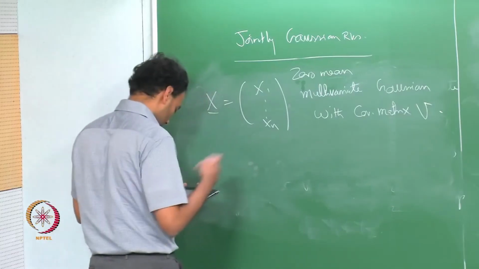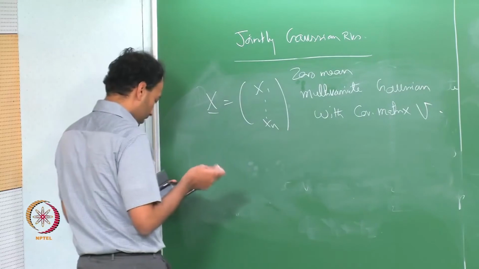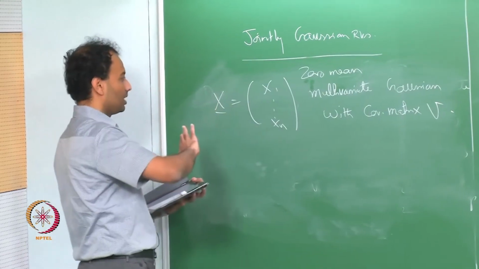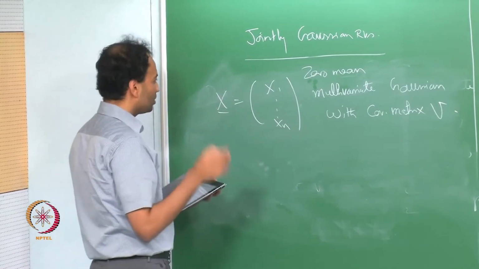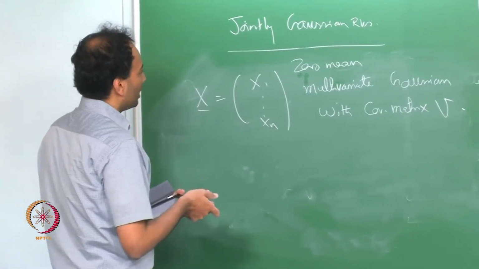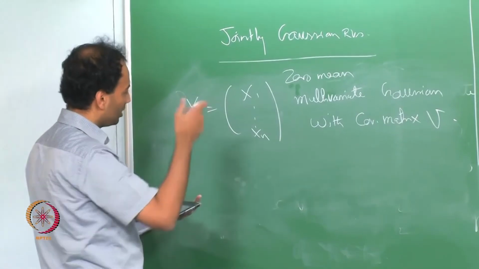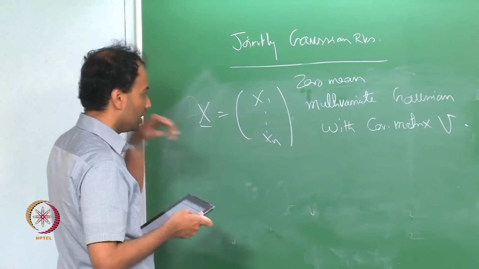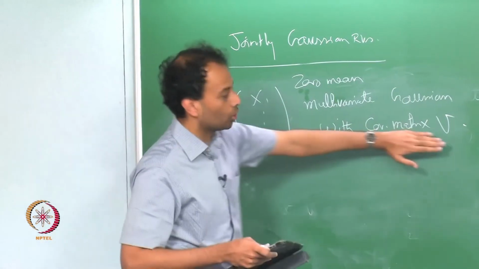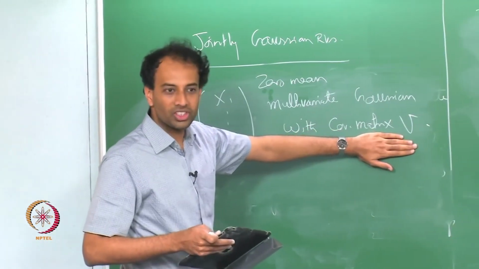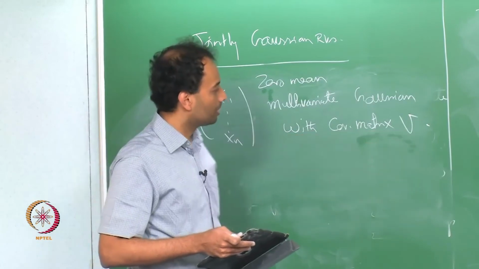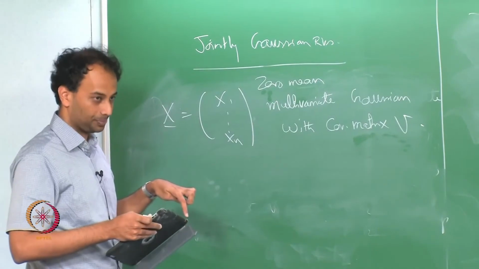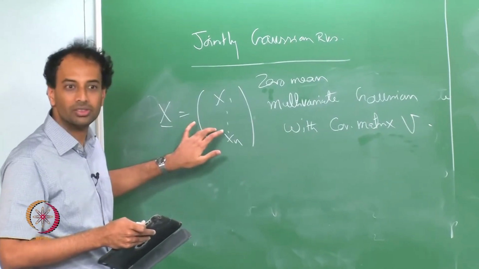So, this x is given to you, this is a multivariate Gaussian vector with some covariance matrix, okay. Now, we are going to generate uncorrelated or independent Gaussian random variables from here, okay.